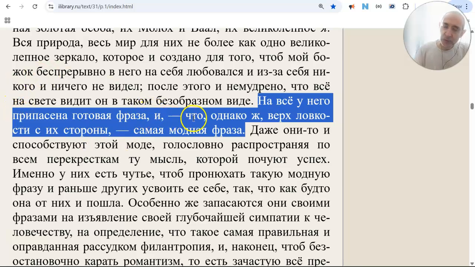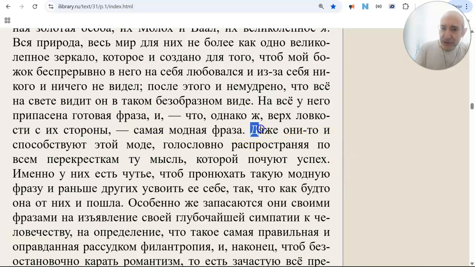And what is peculiar to note is the top of cunning or the top of dexterity on their part, the most fashionable phrase. So what's the meaning of this sentence? That they take certain fashionable phrases and they use them often in relation to different things.